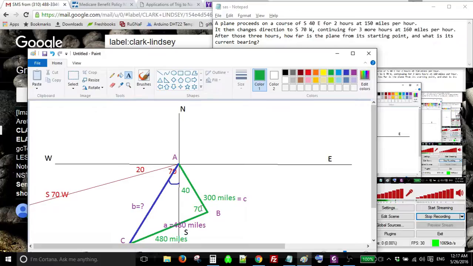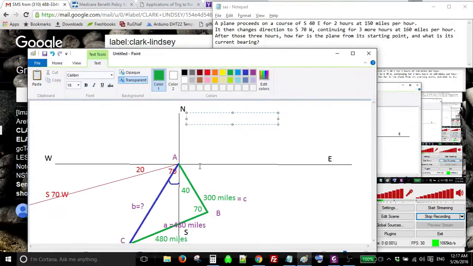So you could have arrived at this angle 70 degrees with that also. All right, so now I have a side, an angle, and a side. So I'm going to use the law of cosines. So the angle is angle B, so I can solve for this side B. So B, I'll do this in black. B squared equals, I'll just put in the squareds later.